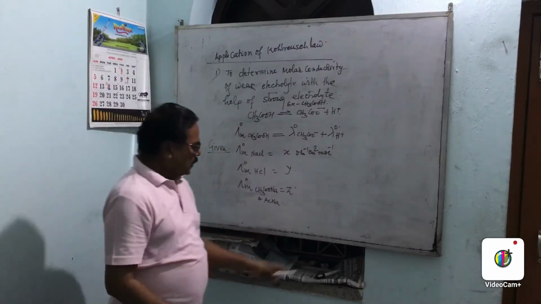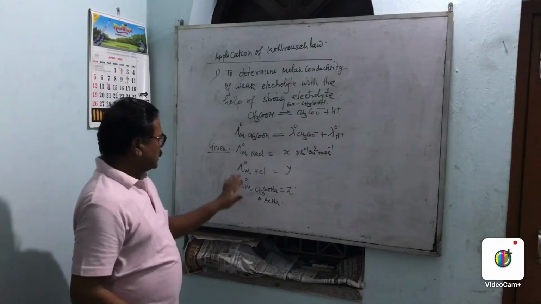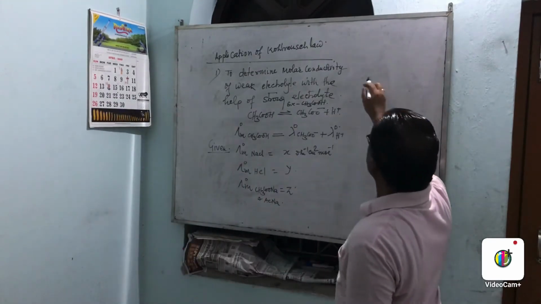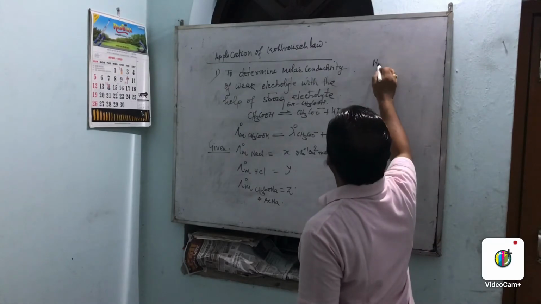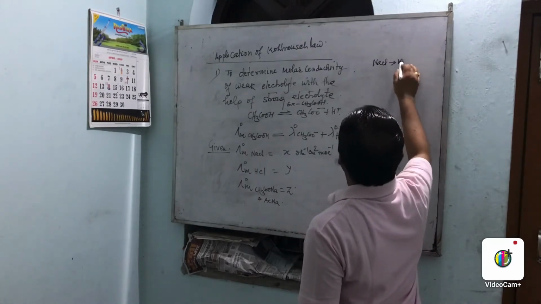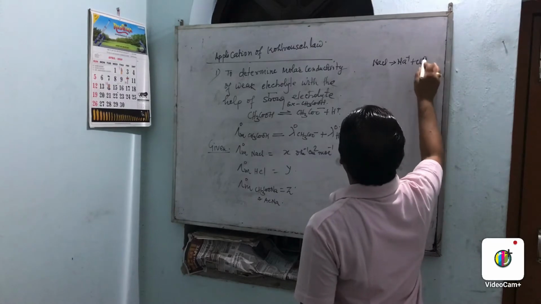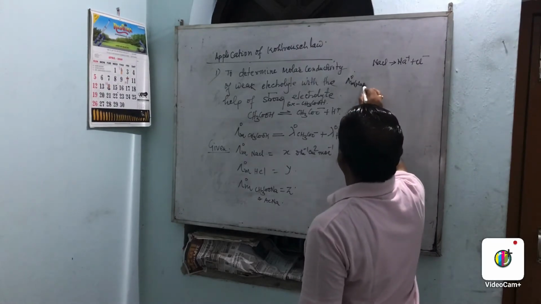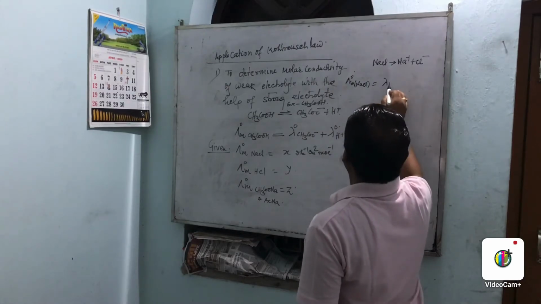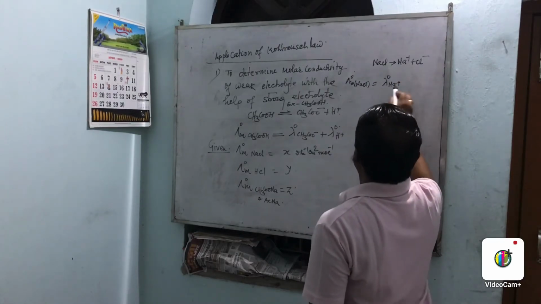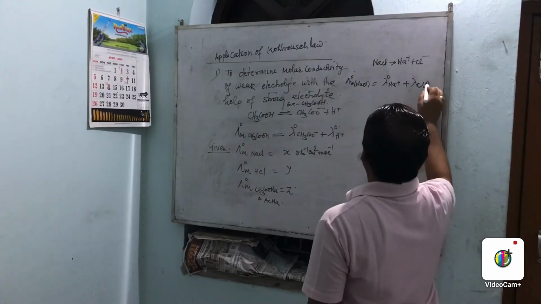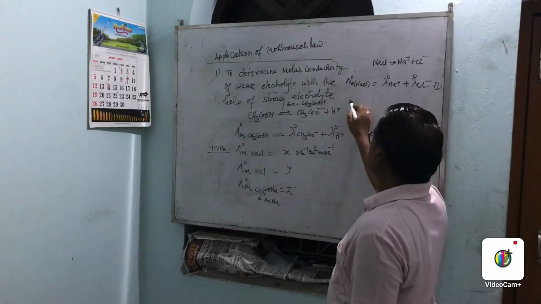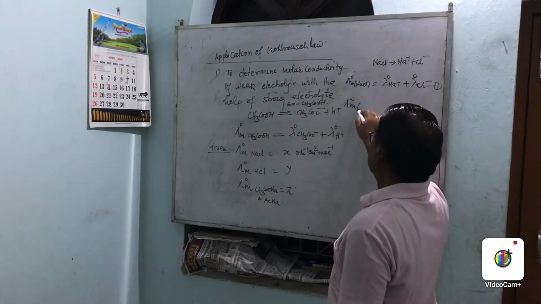Now how are we able to determine it? First we write three equations. NaCl will dissociate to give Na plus and Cl minus ions. So the molar conductivity of NaCl at infinite dilution is equal to the ionic conductivity of sodium ion plus that of chloride ion, equation 1. Another equation: lambda HCl.